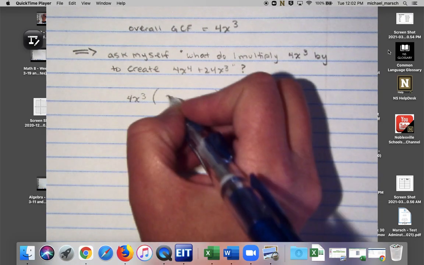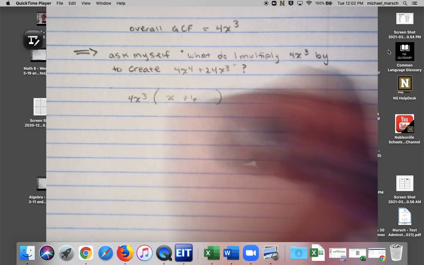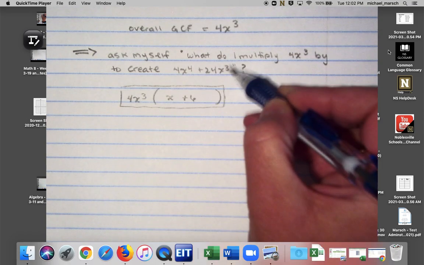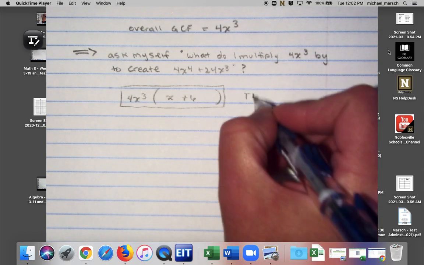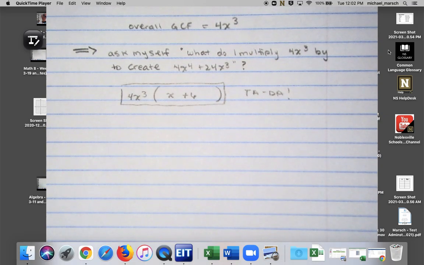X. And then what would I need to multiply 4x to the third by to make 24x to the third? 6. Ta-da! Just 6 because our exponent is still a 3 there. And there you go. That's your answer.